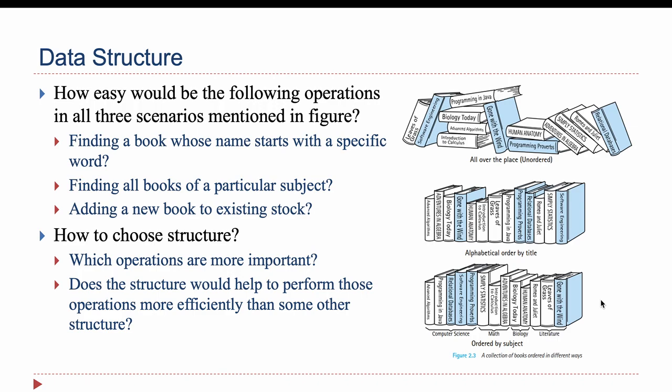In the second scenario, we have a sorted list of books. This structure is more efficient for searching operations because we can use binary search to quickly find the desired book. However, adding a new book to the sorted list would require us to re-sort the entire list, which could be time consuming. Finally, in the third scenario, we have a hash table of books.